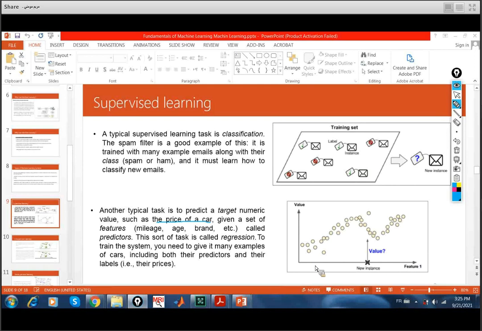You see this arrow is related to the feature, and this arrow is related to the value. And after the training, we access the value of these features, and if we have a new feature, using the previous features, we predict it.